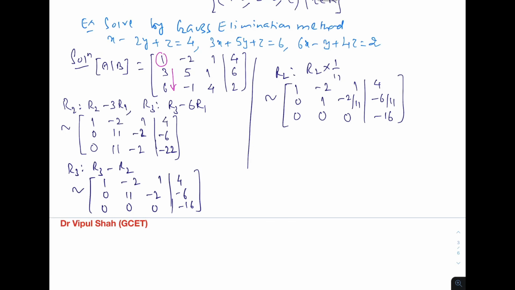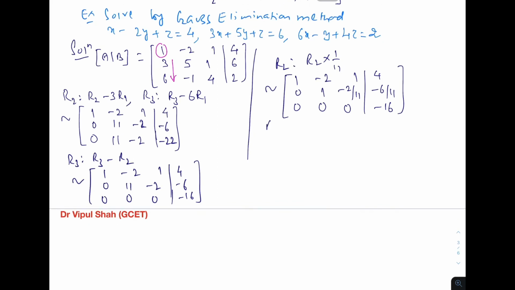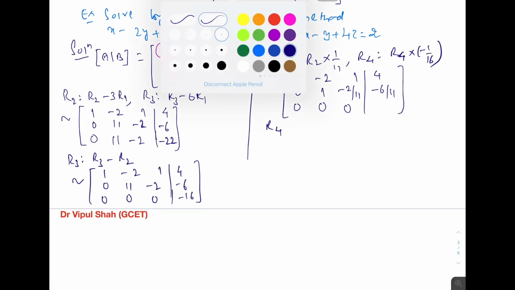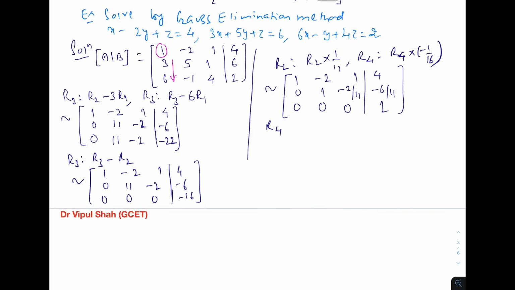Okay, now see that here we can even divide R3 by minus 16 itself, so that we have here 1. Okay, now is this in row echelon form? Answer is yes, this is in row echelon form.